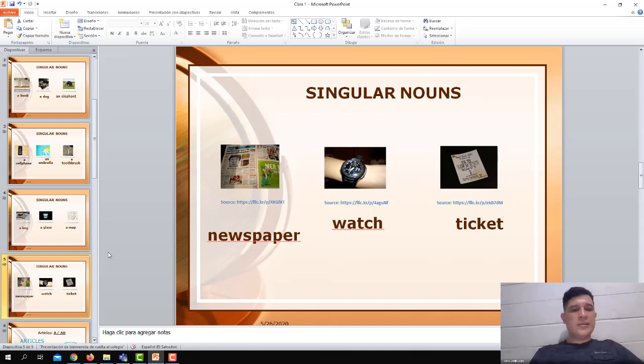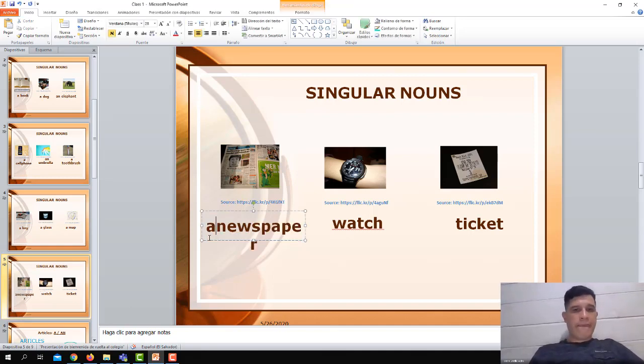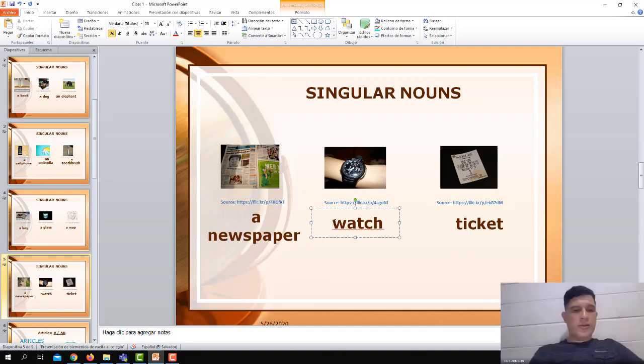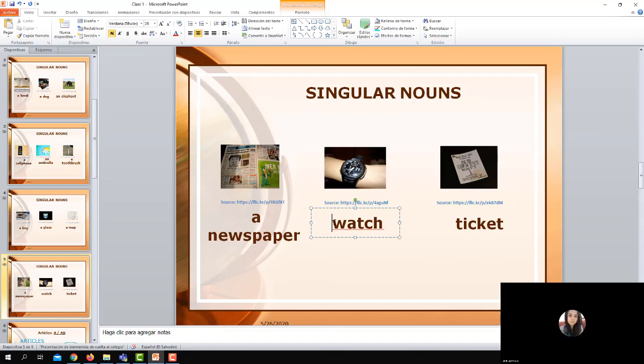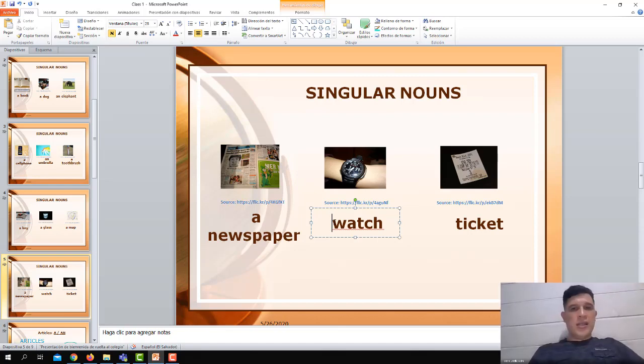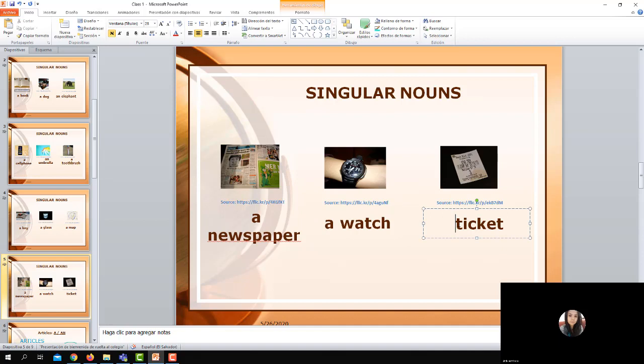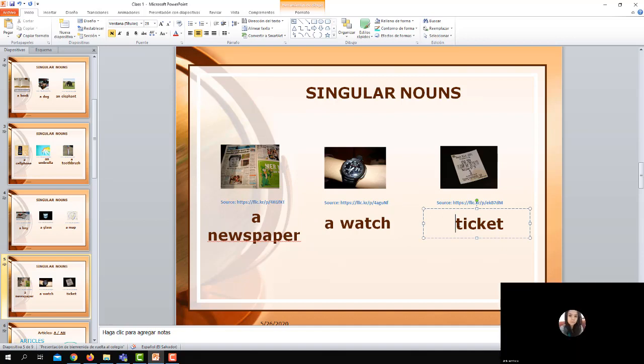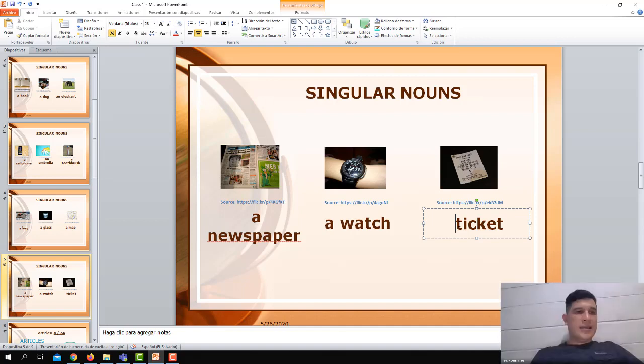Next one is consonant, and the answer? A watch. And the last one is consonant as well, and the answer is a ticket. A ticket, right?